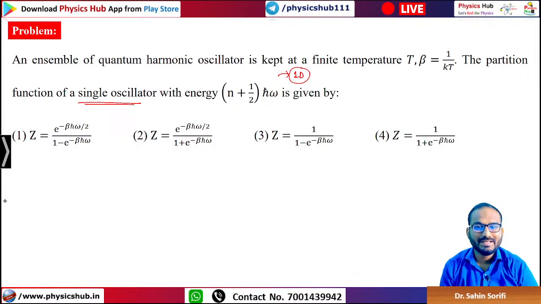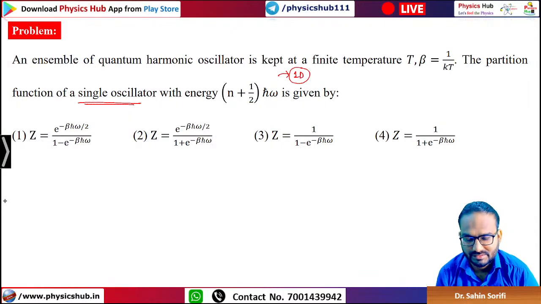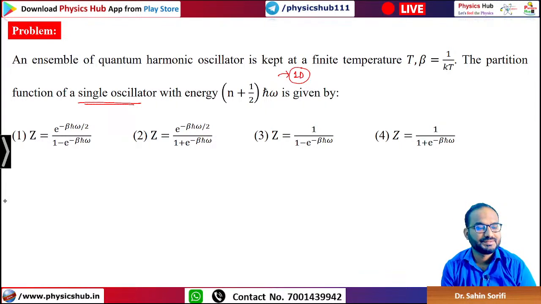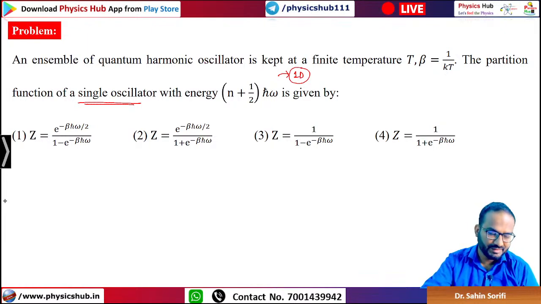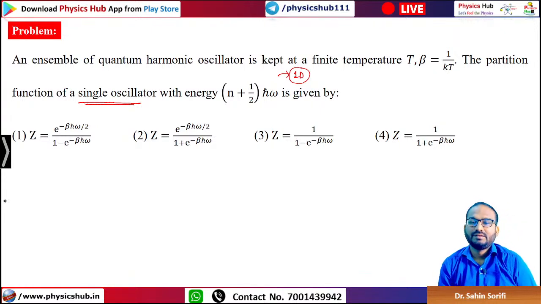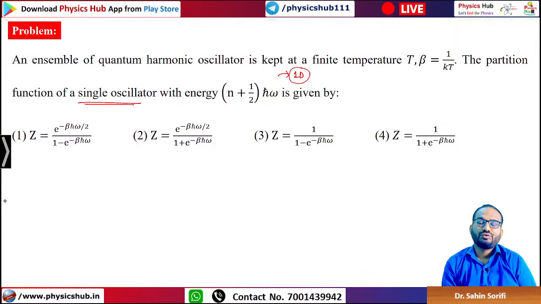This single oscillator can take any of the energy values starting from half h cut omega to various values of energy n. You can put n equals 0, 1, 2, 3 and up to infinity. Will you give it a try? Harry, Murli, tell me. Here you don't have to use the continuous formula. Here it is quantum, so we can use the summation formula.